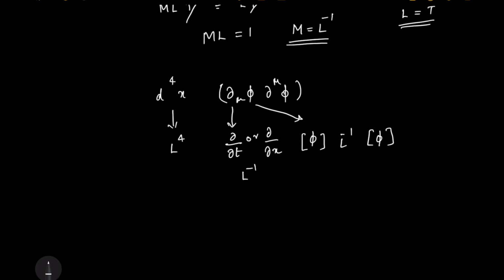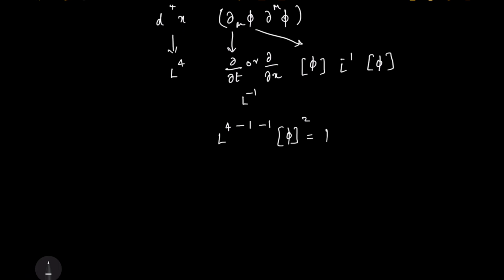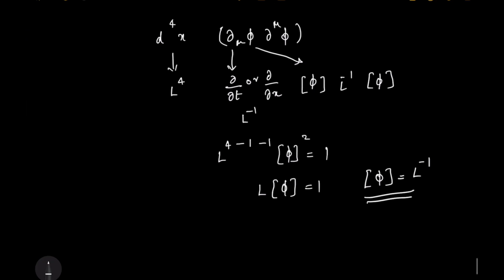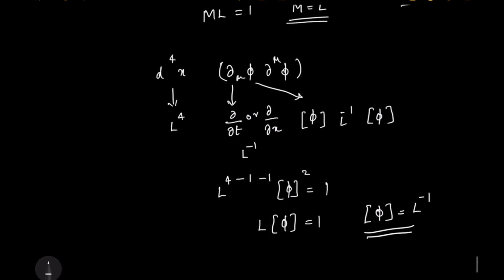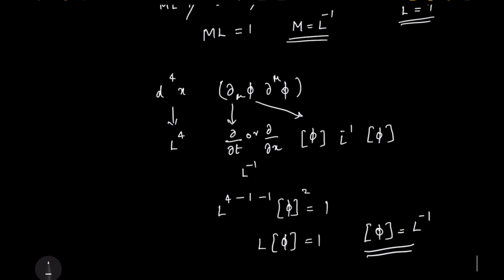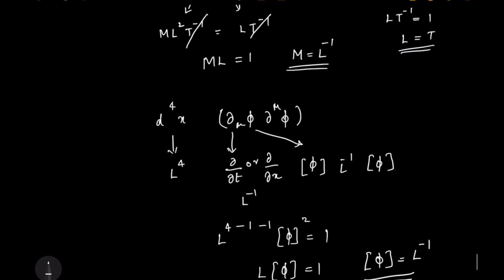So here I can see L raised to 4 minus 1, again minus 1, and the dimension of phi squared is equal to 1, which means L times phi squared is equal to 1, and the dimension of phi will be L inverse. So this is how we find the dimension of the field to be the inverse of length.